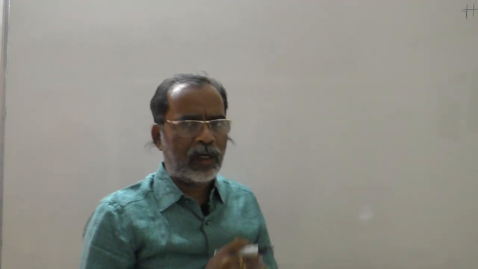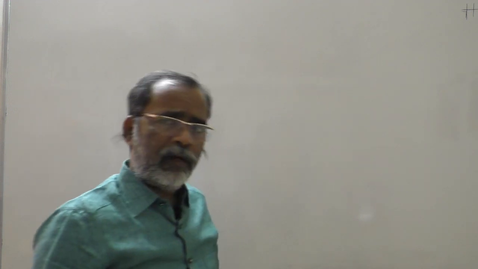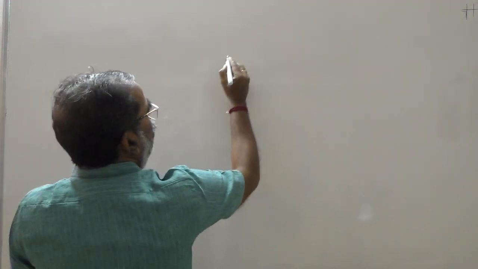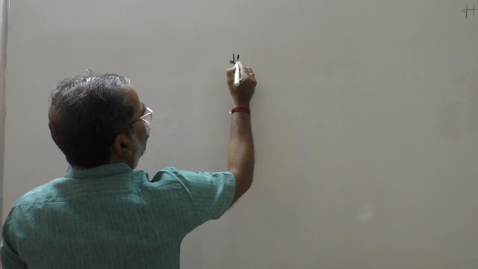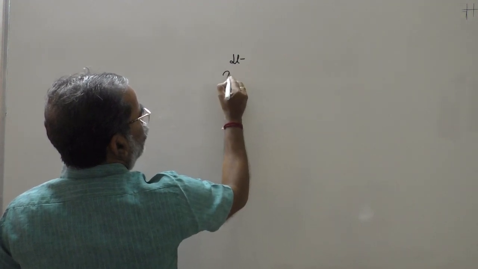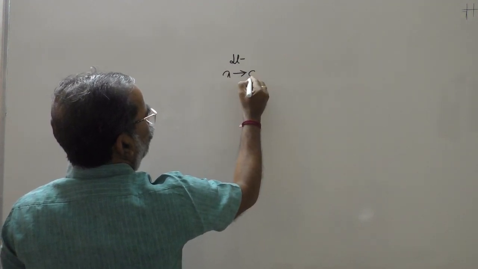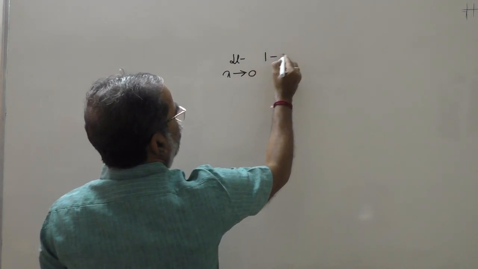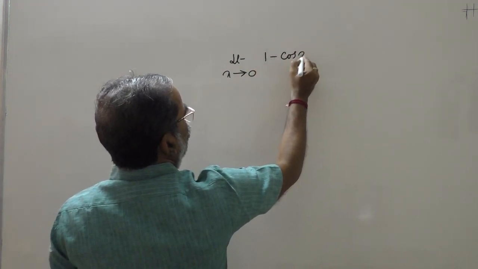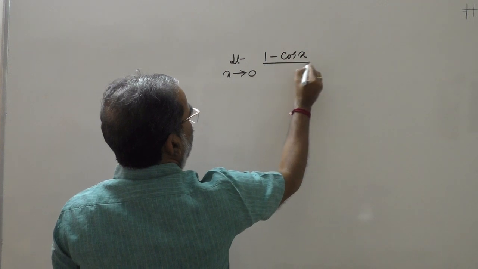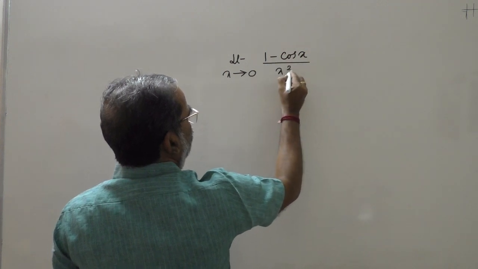While doing problems, just now we have seen some standard limits, those are called standard limit formulae. Very frequently we get this limit. Listen, limit x tends to 0, (1 minus cos x) divided by x square.